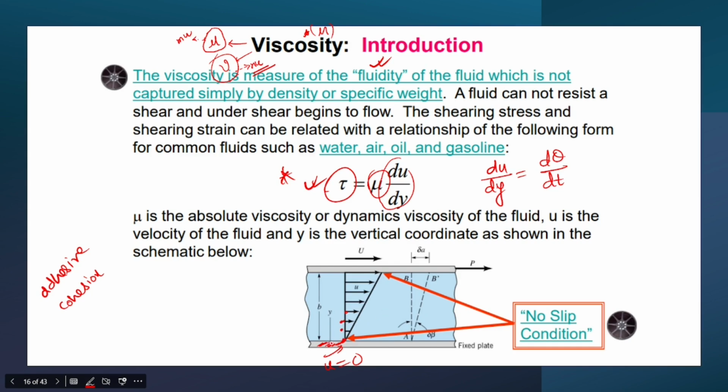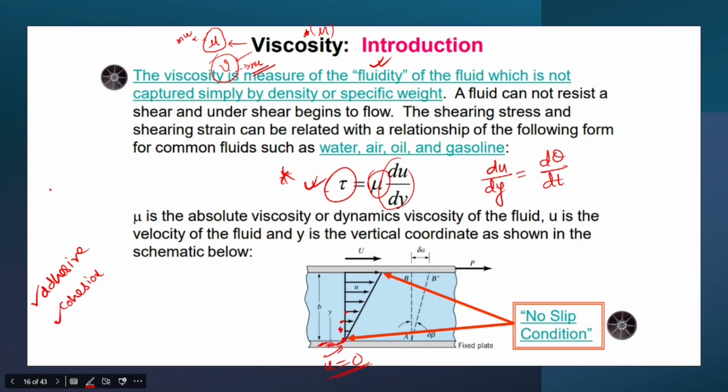The particle closest to this plate will have the adhesive force. If it is very strong, then this particle will have zero motion, and in that case you will see slight internal resistance among the adjacent fluid layers. That will create the viscosity, which is nothing but the resistance to flow or deformation.